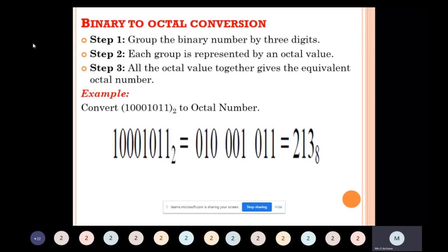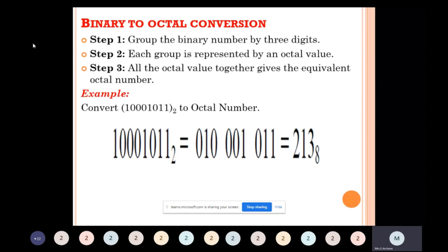Octal consists of 0 to 7, so 3 bits. We have to group the given binary number in 3 bits.